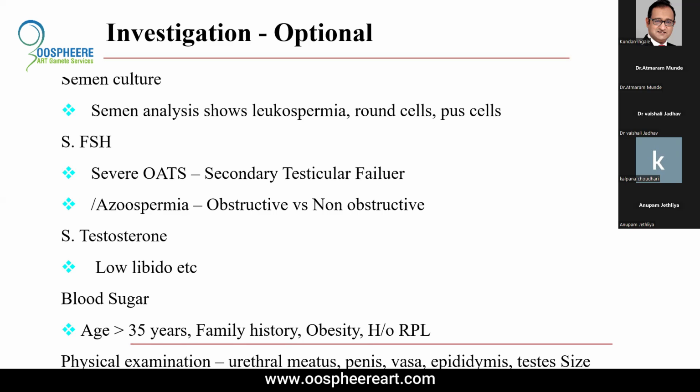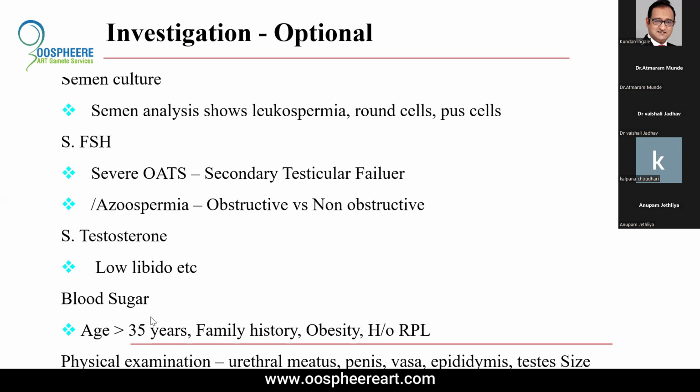So this is the man whose sperm can be cryopreserved rather than letting him go completely into azoospermia. And in azoospermia, to rule out obstructive versus non-obstructive azoospermia. Serum testosterone under no circumstances is to be used for male infertility, otherwise only in hypogonadotropic hypogonadism or low testosterone.